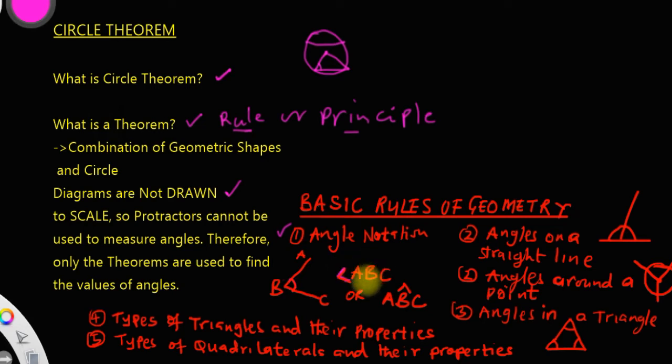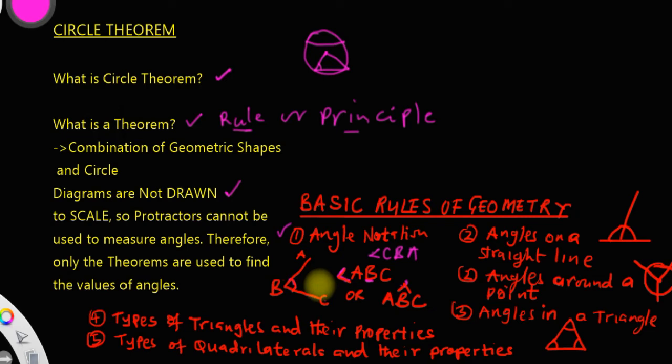That tells you that the angle is at B. Angle ABC is the same as angle CBA, and the angle still lies at B. Or we can also write it in this way: AB, and then they put this notation on top of B, telling you that the angle is at B.